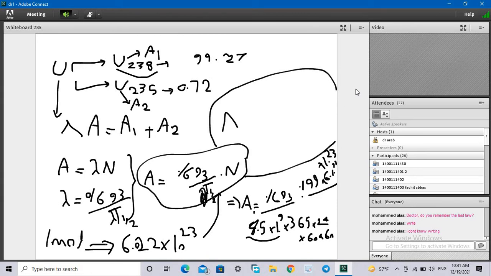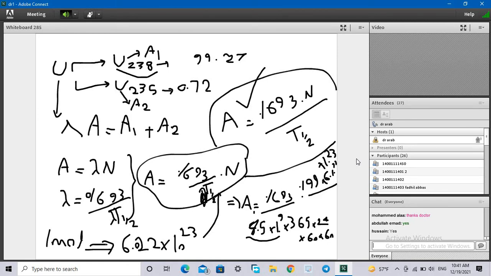That is, A equals 0.693 divided by half-life time, multiplied by N. Okay, do you understand how I can reach this equation? Sorry, Mohammed, do you get it? How can I reach this equation?